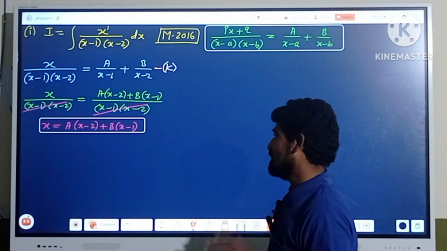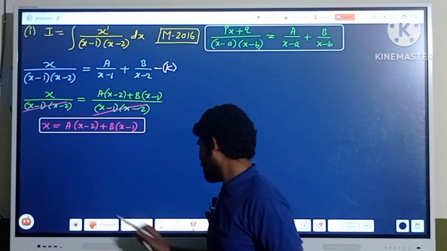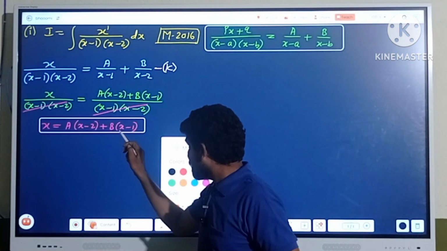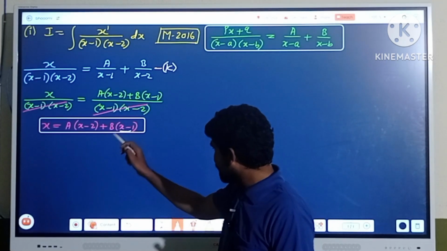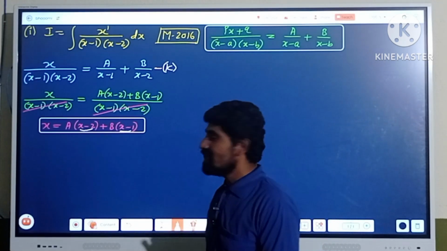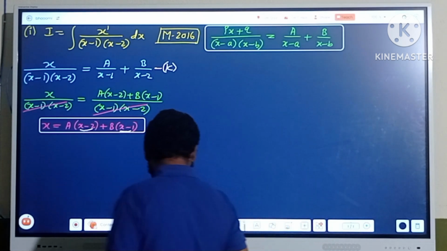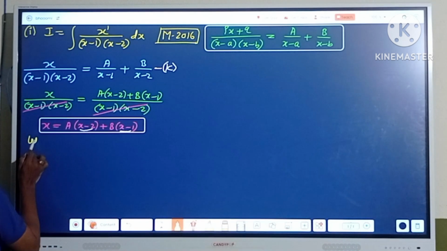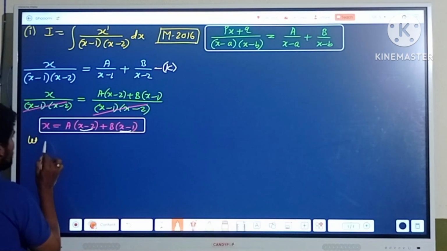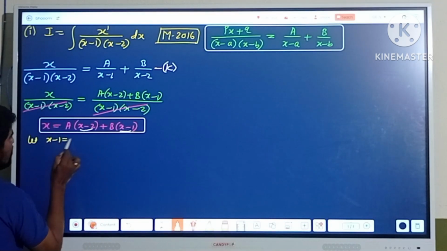As I discussed in the previous video, to identify the value of A, we need to make the coefficient of B zero, and to identify B, we need to make the coefficient of A zero. So let's start. Let us consider the coefficient of B, x minus 1, equal to 0.